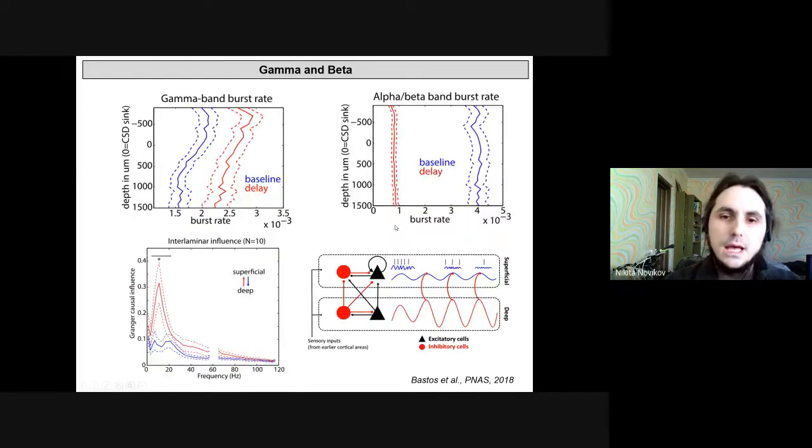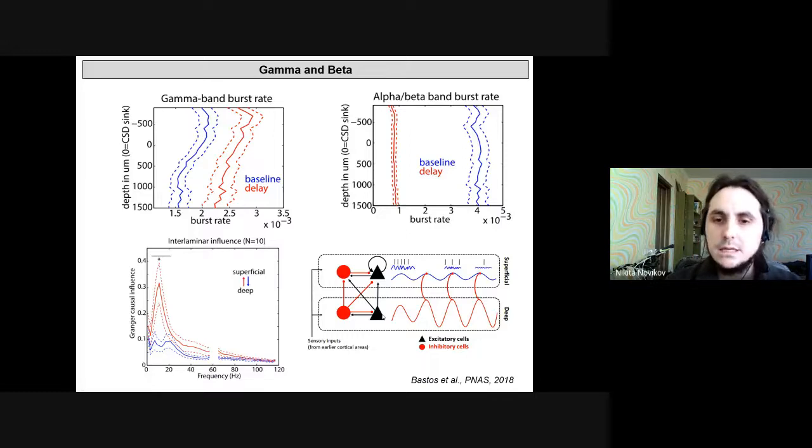Okay. It is known that gamma oscillations are generated in superficial cortical layers, and beta oscillations are generated in deep cortical layers. And there is a beta band drive from deep layers to superficial layers, and it seems that this drive is inhibitory.